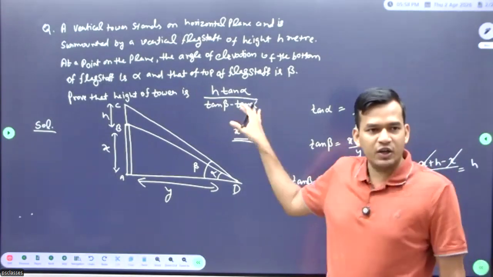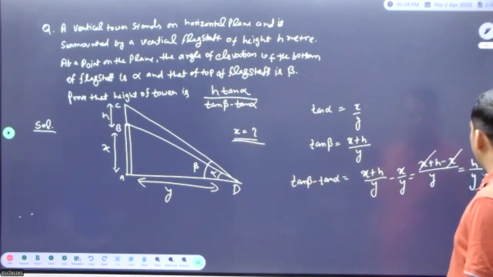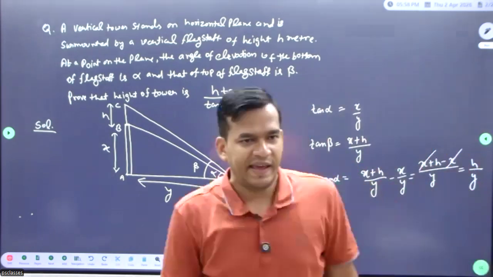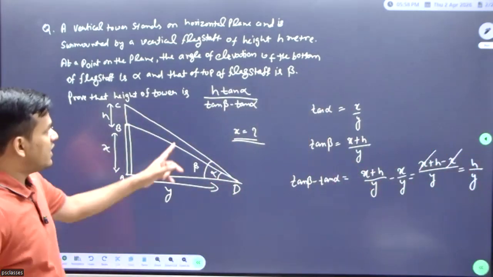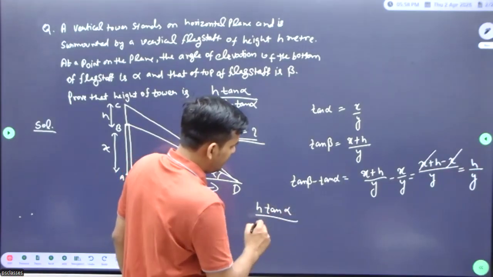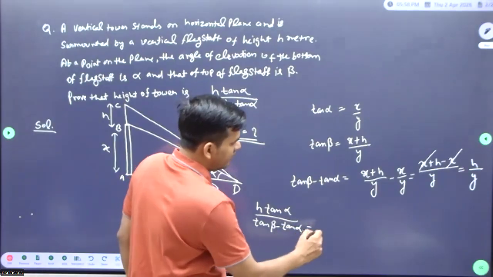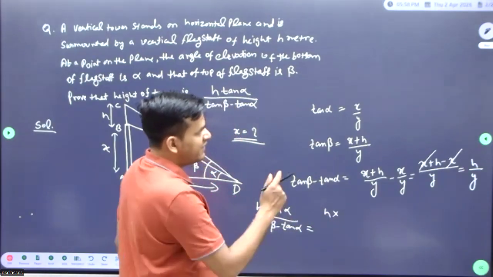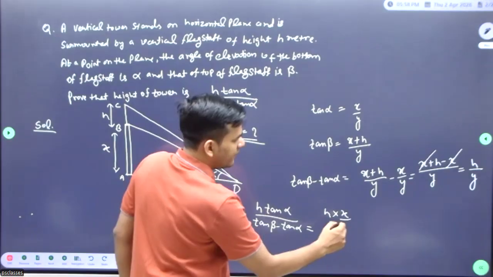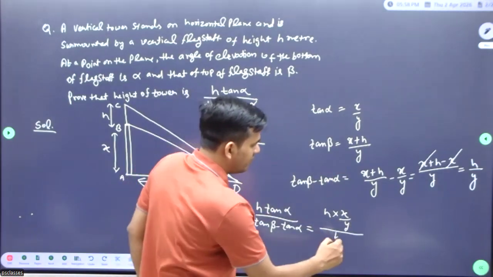Basically, we are calculating the value of this expression. Tan beta minus tan alpha is equal to h upon y. So now this expression, h tan alpha upon tan beta minus tan alpha, is equal to h into tan alpha, which is x upon y, and tan beta minus tan alpha is h upon y.